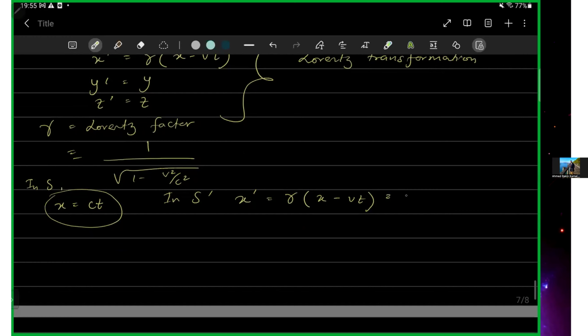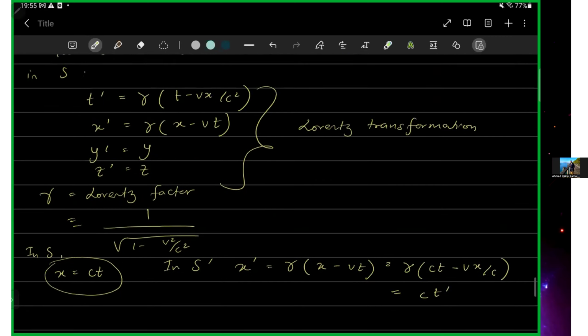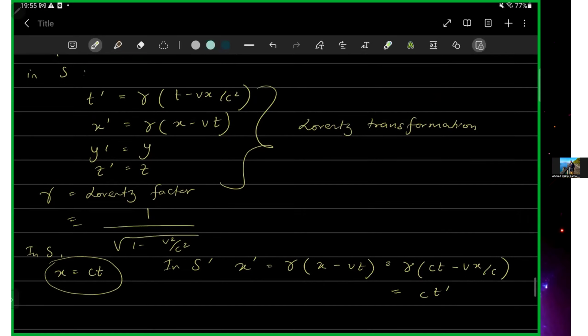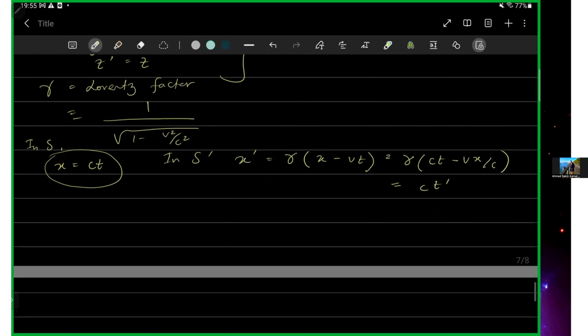So in that case, I would get gamma times (ct minus vx by c), also plugging in t from there. And this would equal ct prime, which you can find from here. So hence they would be scaling in the same way. So x prime equals ct prime, and x equals ct is the same.